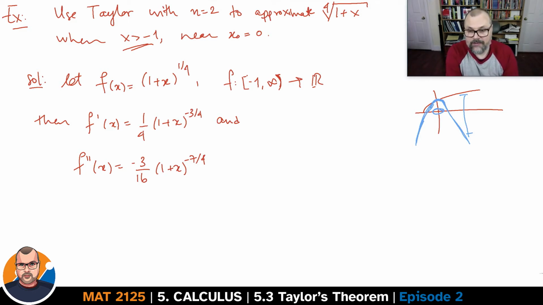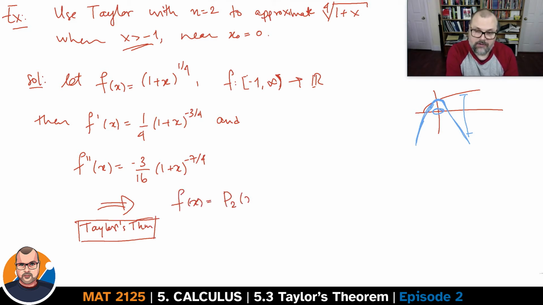You get out of this that the function f at x is equal to the second Taylor polynomial at x, plus the third derivative at some point c of x divided by 3 factorial, times x minus x0, which turns out to be 0, to the power 3.